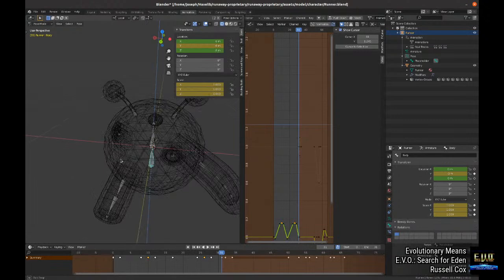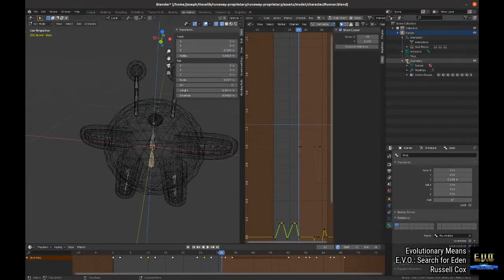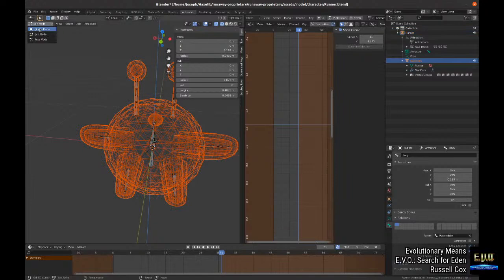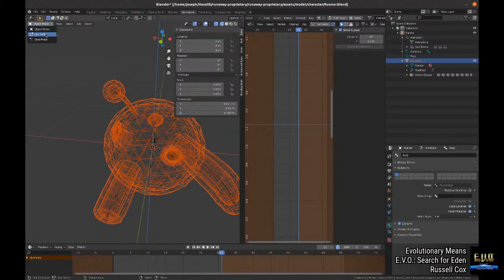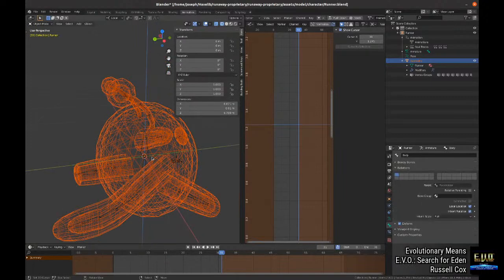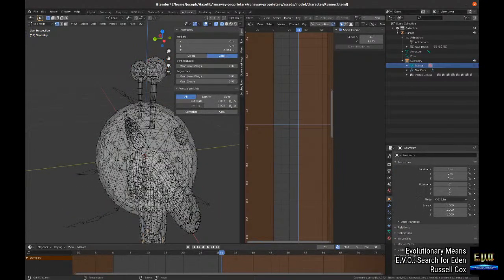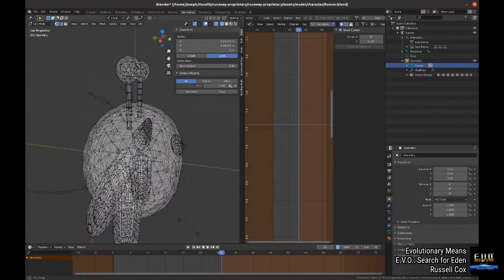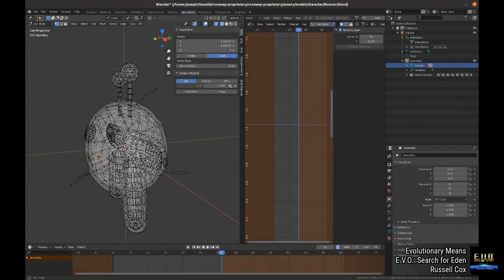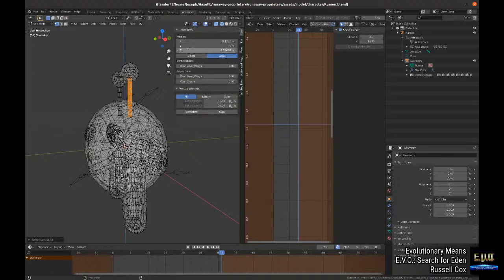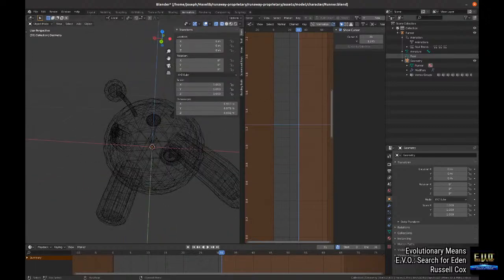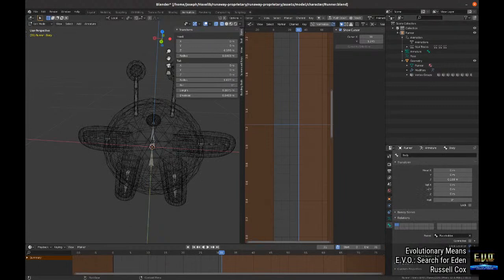I mean, I guess that was my intent, but okay, this point, if I... Wait, z-axis is 0. Oh. Okay, so this point does follow the... If I select a bunch of things and then move them along the z-axis, they do follow that blue line. So that is not the thing.